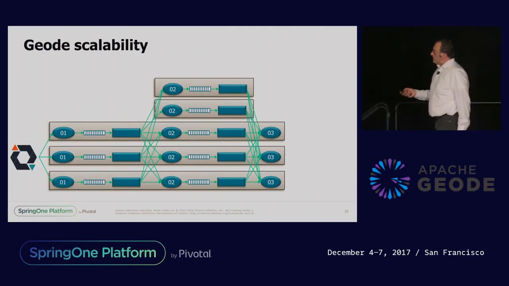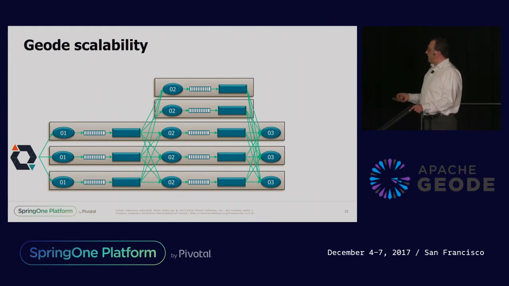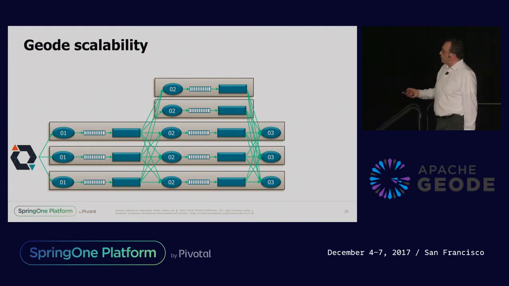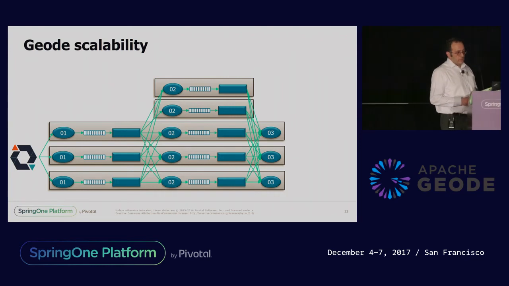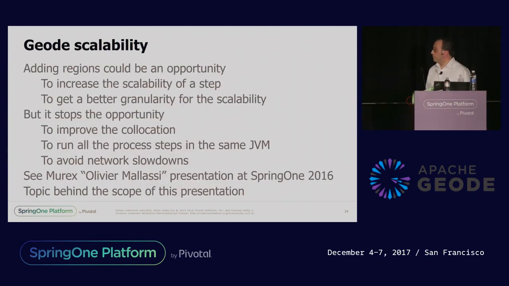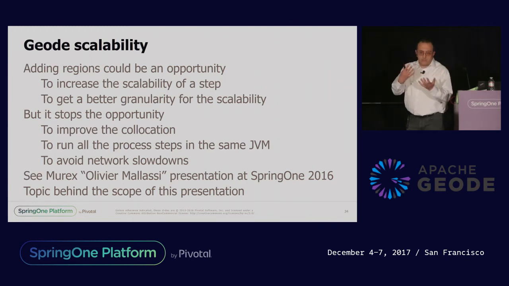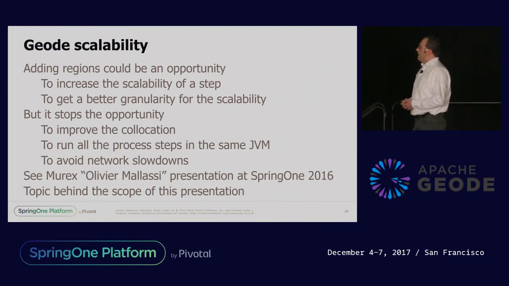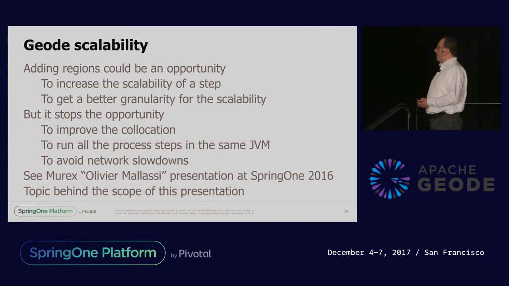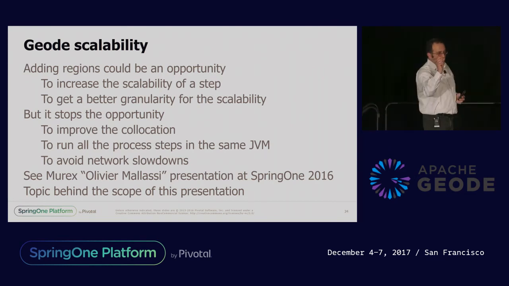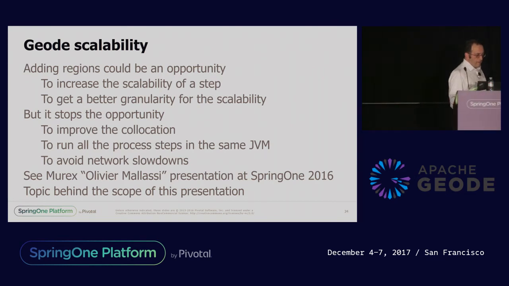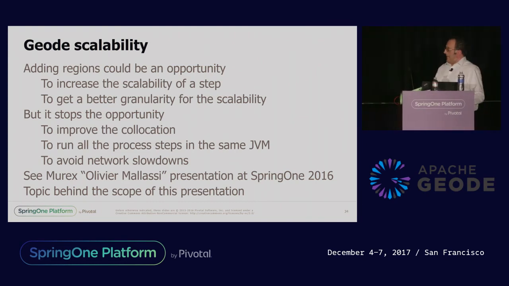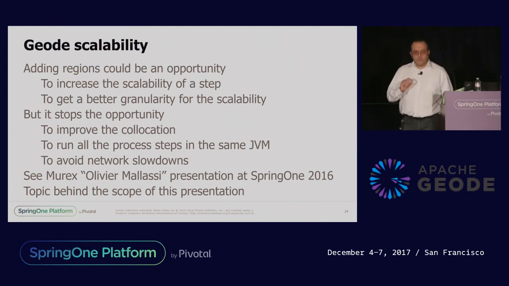Suppose you have to increase the number of handlers for your step 2. In that case, you can add 2 new machines. But adding a region or adding a machine could be an opportunity to increase the scalability of a step. So you get a better granularity for your system. But this solution stops you from improving the collocation.